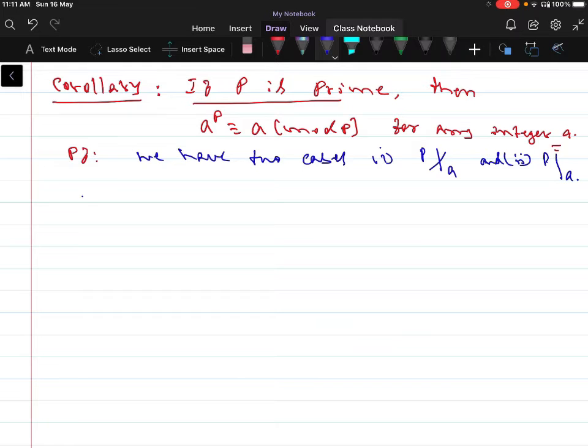So now let us take the first case, when p does not divide a.